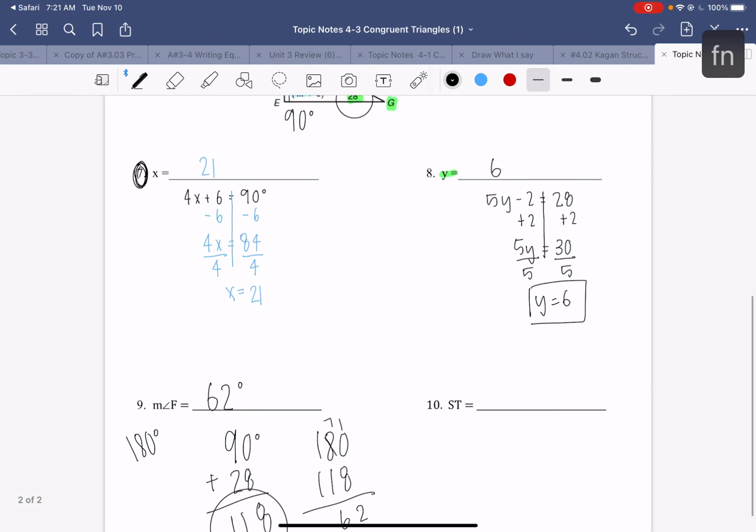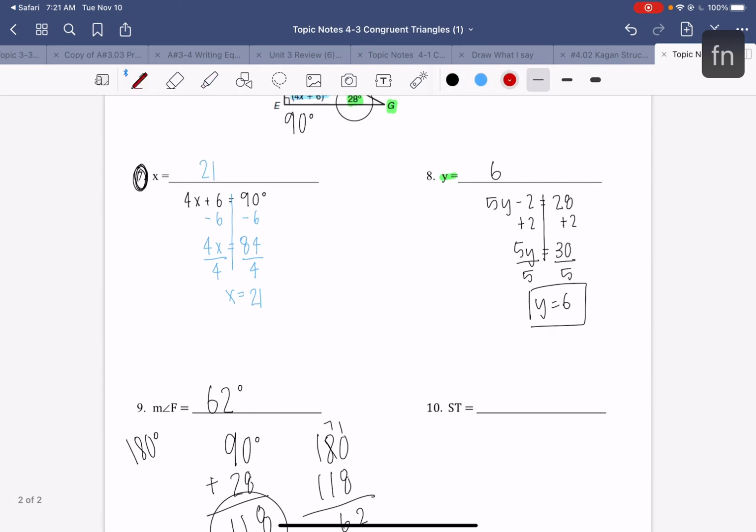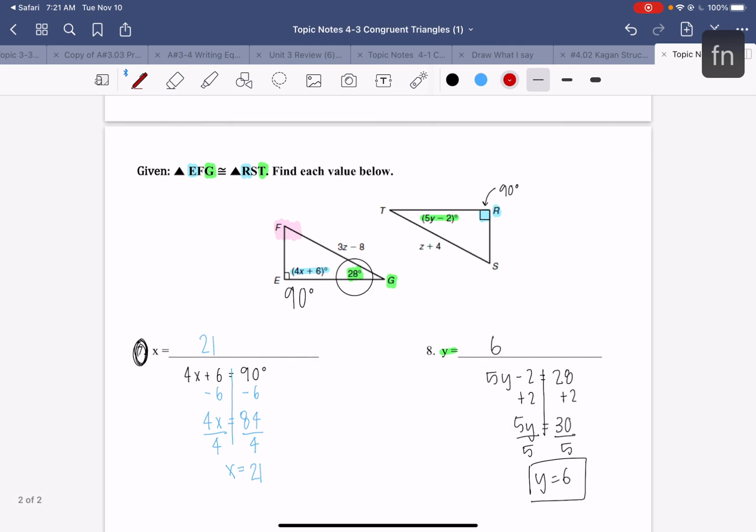Now I want to find ST. ST is this one right here, and ST is congruent to FG because those are the last two letters of each statement.